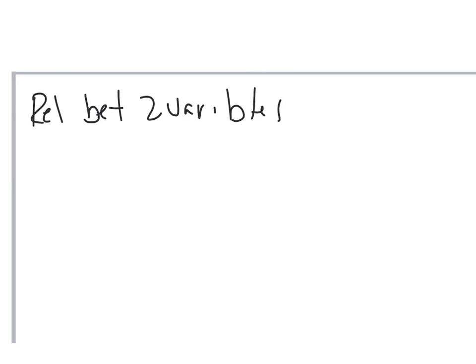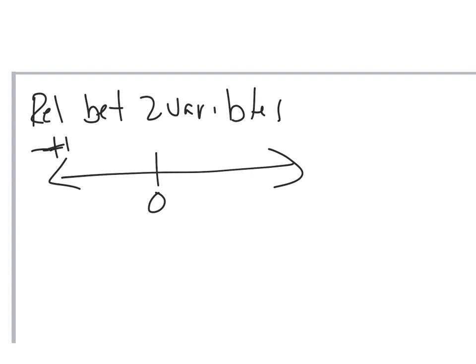It is reported in a way that we are looking at basically a number line, different than the number line you had in math. It has a 0 point in the middle, and this side is a +1, and this side is a -1.